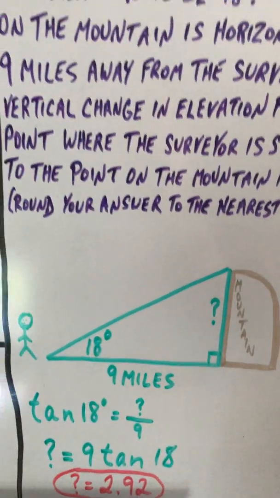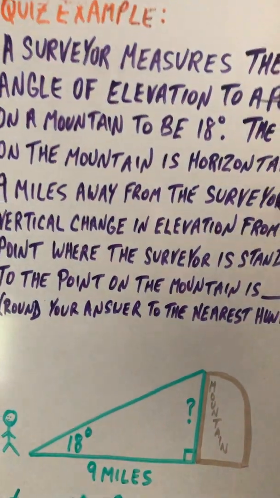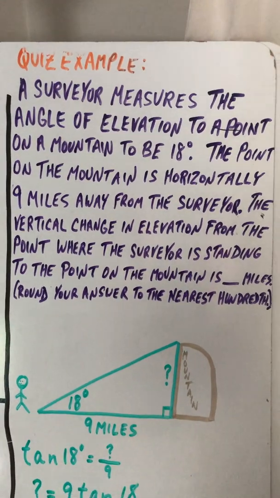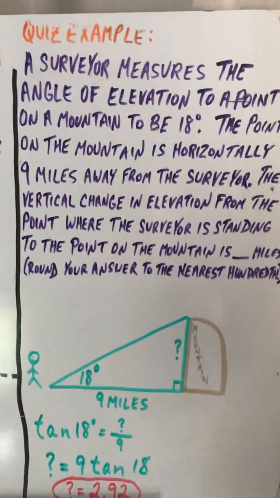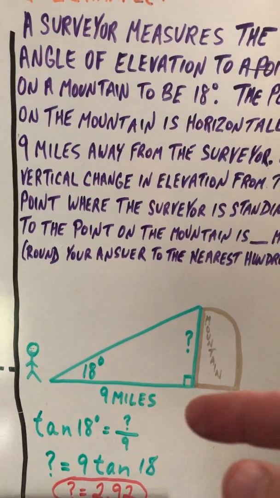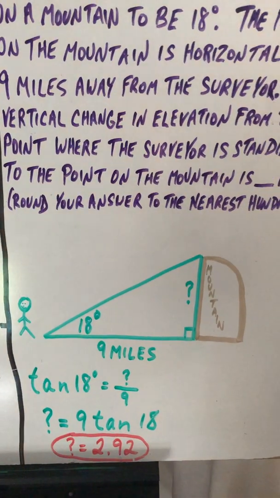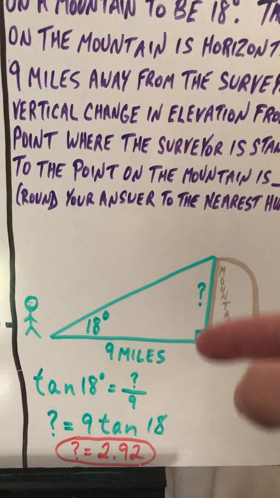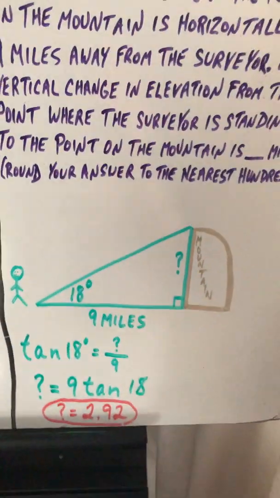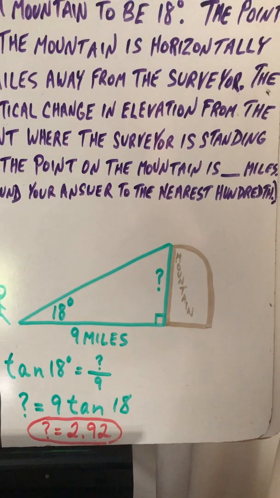It says the vertical change in elevation. Why do they have to get so wordy? Vertical is up and down, right? Why can't they just say, how high is the mountain? Vertical change means how high is the mountain? That's where the question mark goes. So your question will be the same, it'll just be different numbers.